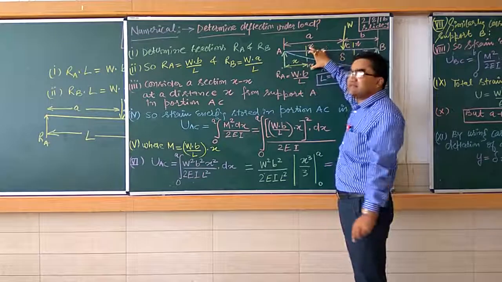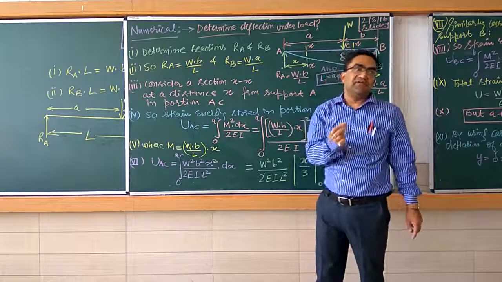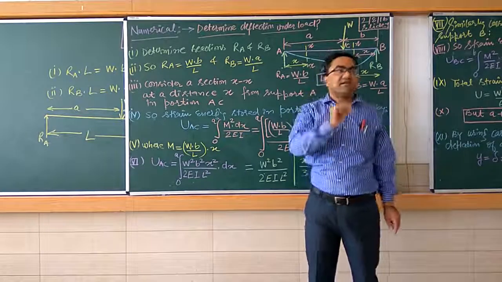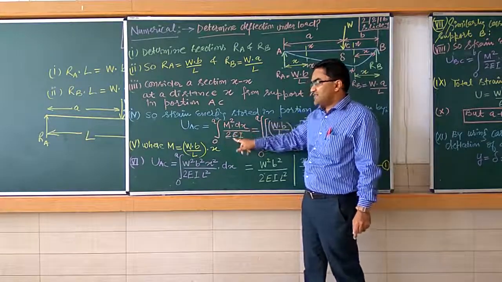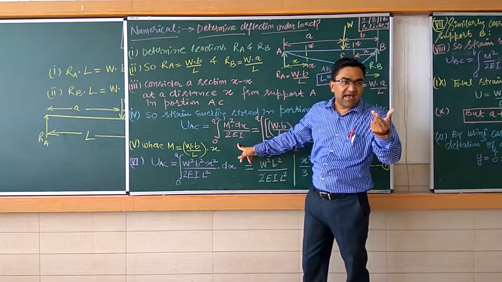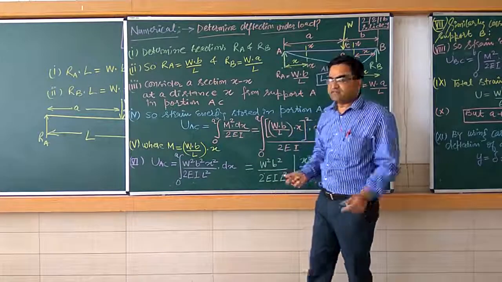This section XX is like a small strip you are considering. First we calculate the strain energy for that small strip, and then we integrate. So M square into dx upon 2EI is the strain energy for the small section x. If we integrate it from 0 to a, then it is the complete strain energy for AC.